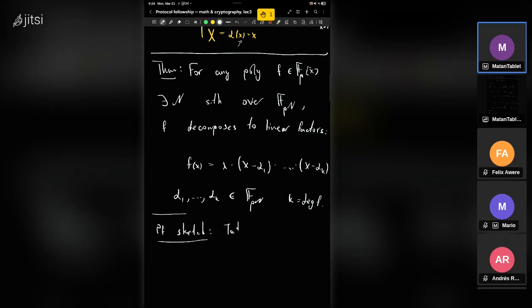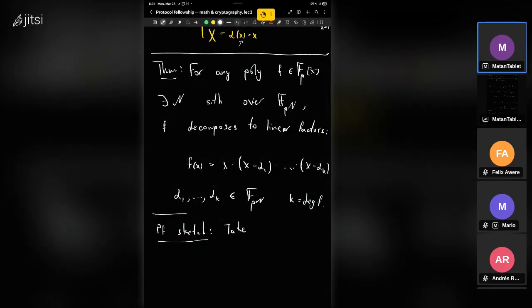Take a prime factor of f, i.e. f is equal to phi times whatever, f1 or f prime, where phi is prime.